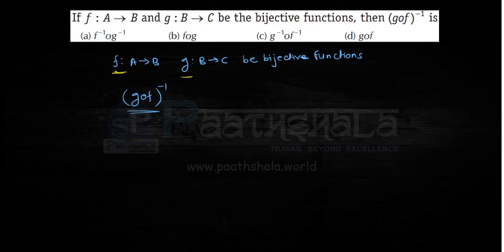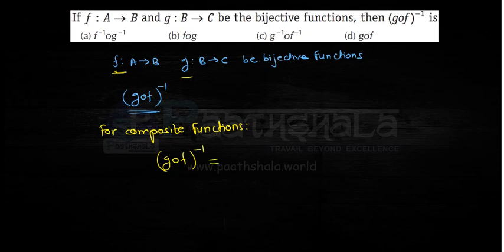For any composite function, there is a key property about inverses: (g∘f) inverse is nothing but f inverse of g inverse.